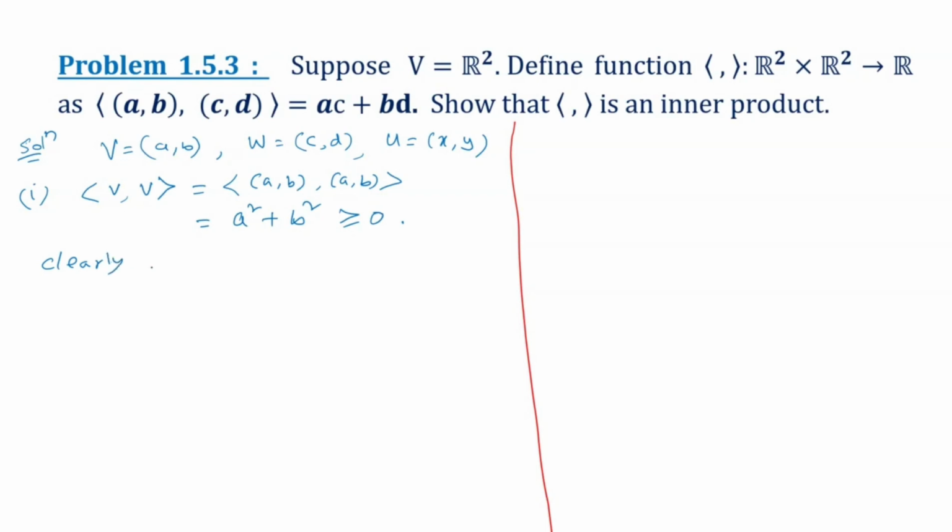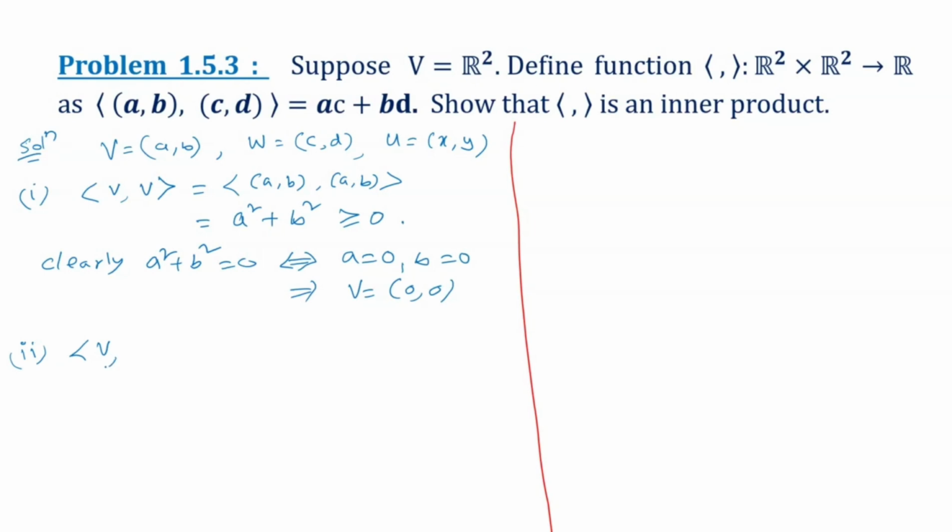Clearly a squared plus b squared is equal to 0 if and only if a is equal to 0 and b is equal to 0. So this implies v is equal to (0, 0). So this verifies the first property.